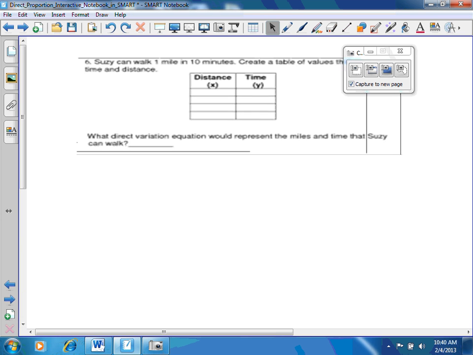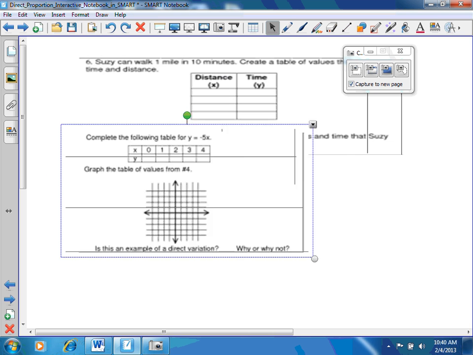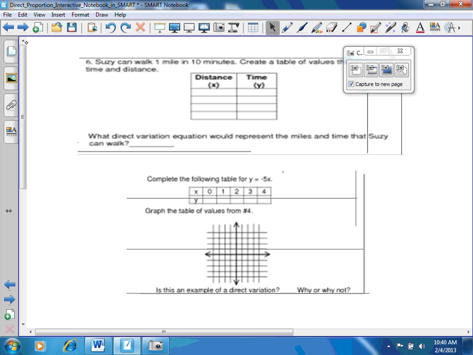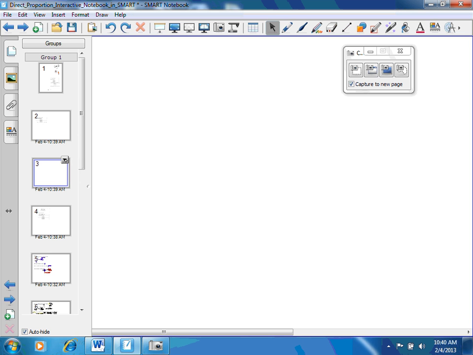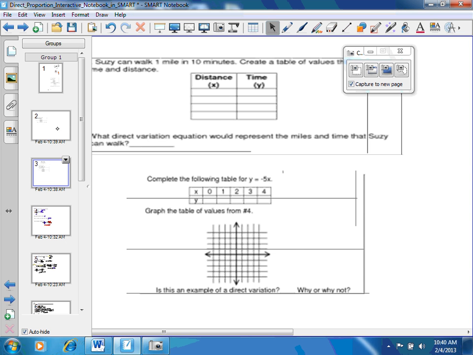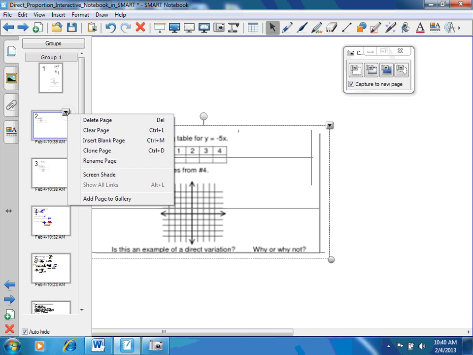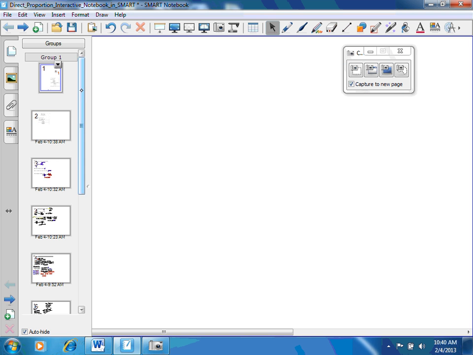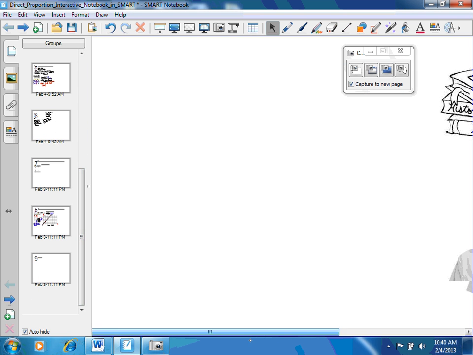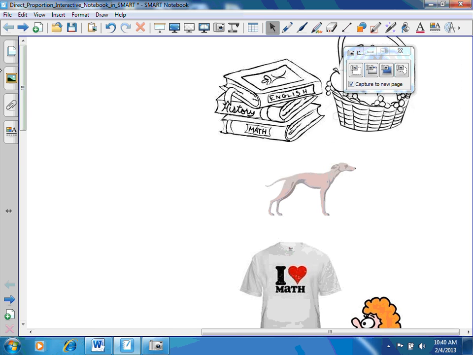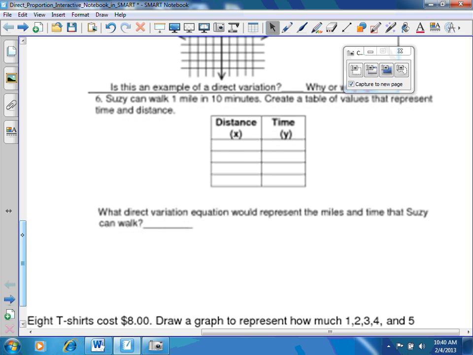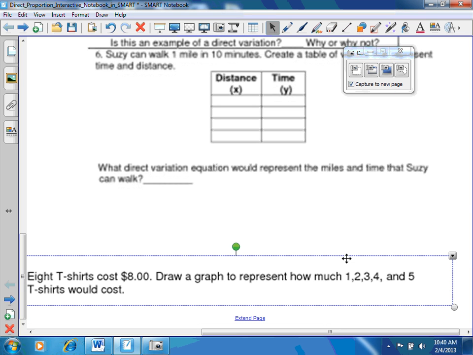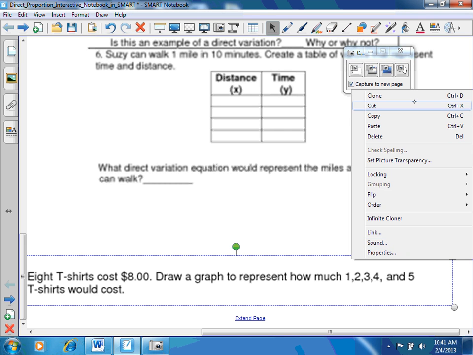So you should have Susie, and then this problem, and the last one is going to be the shirt problem at the very bottom. And you glue the t-shirt beside it.